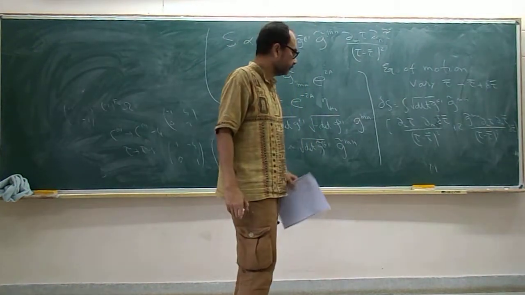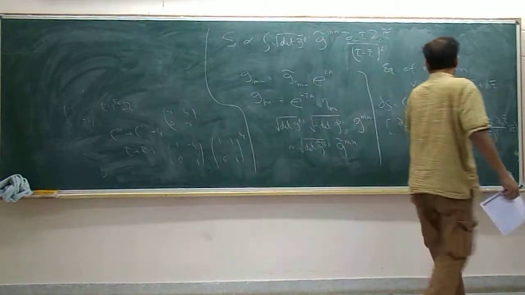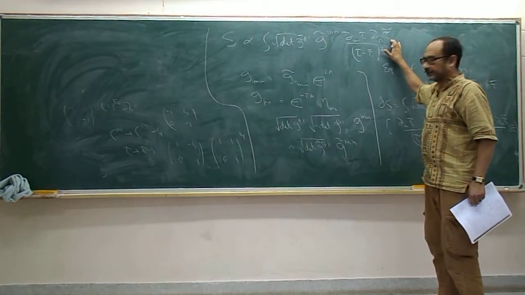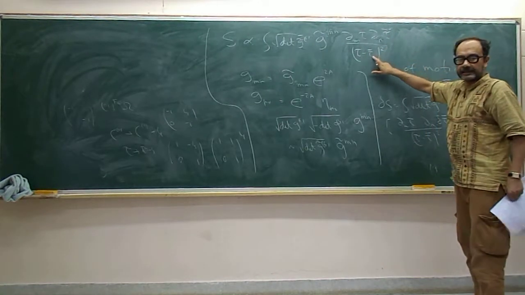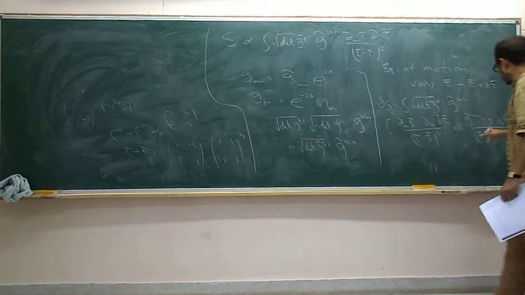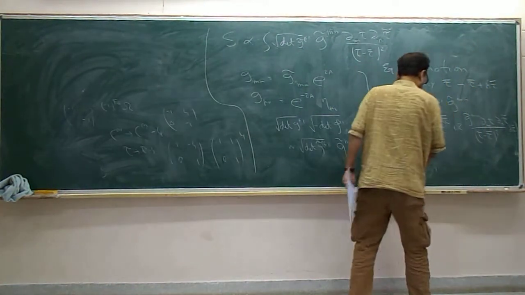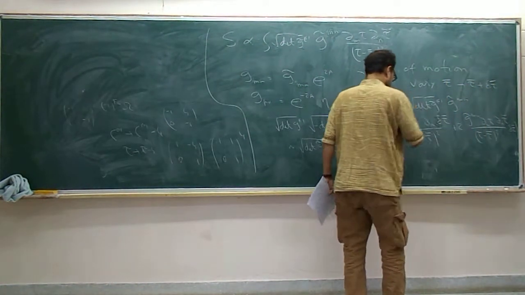Okay. See, this came because you are varying the tau bar from here. The second term came because there is a tau bar sitting here, that also you have to vary. Okay, that's this term. So now we can integrate by parts. Okay.